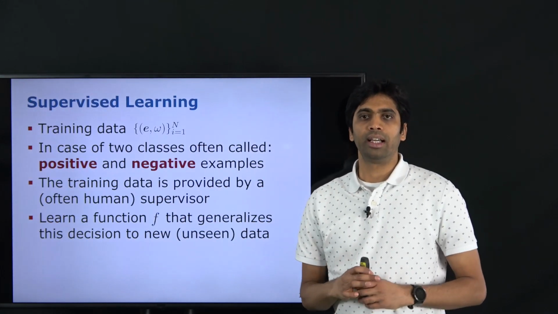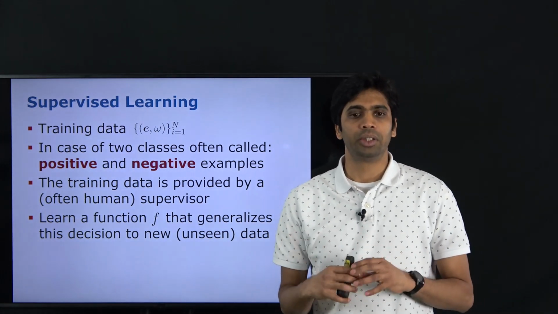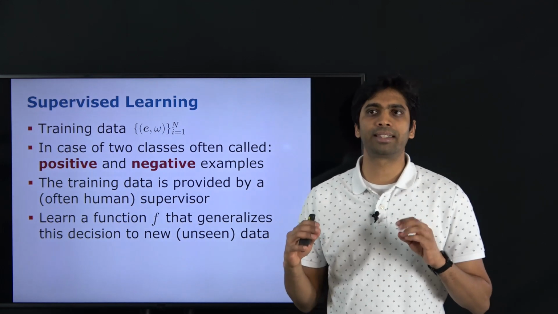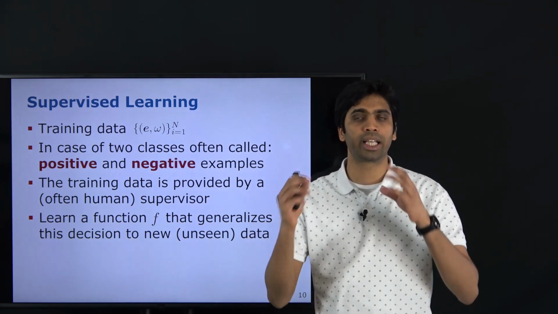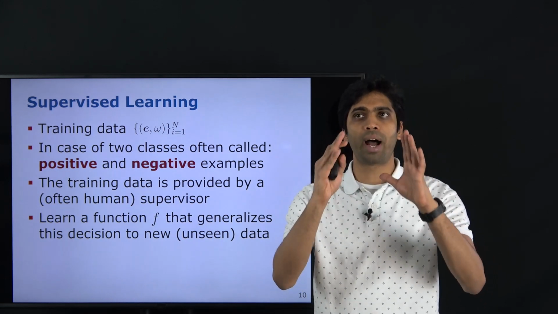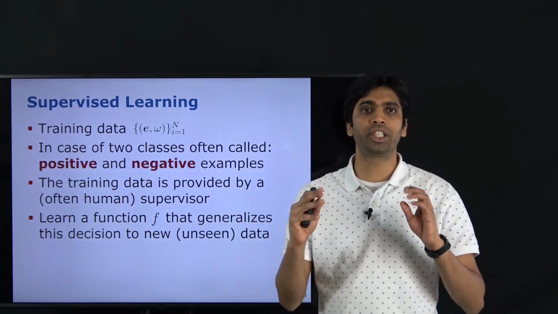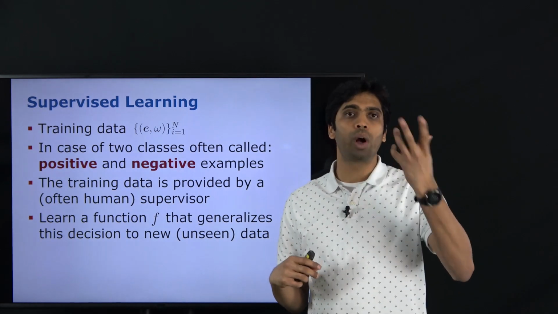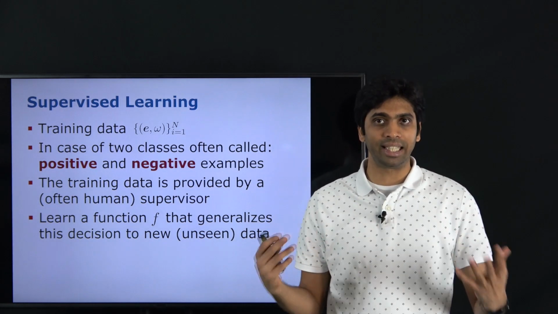Okay, this then leads us to the idea of supervised learning. So essentially, supervised learning means that somebody gives examples to the classification system saying, okay, this is how my different classes would look. And you need to use this information to figure out what the labels are for future data which you haven't seen yet, right?